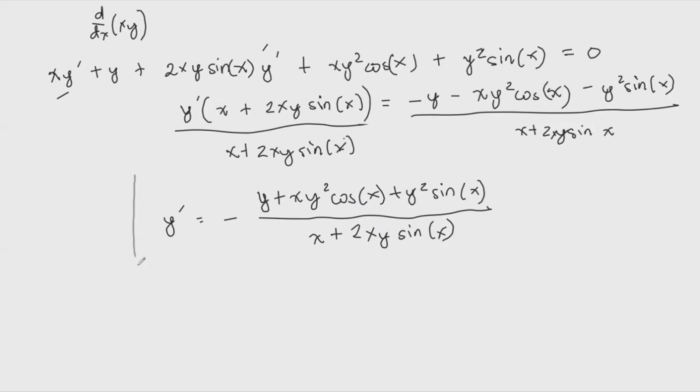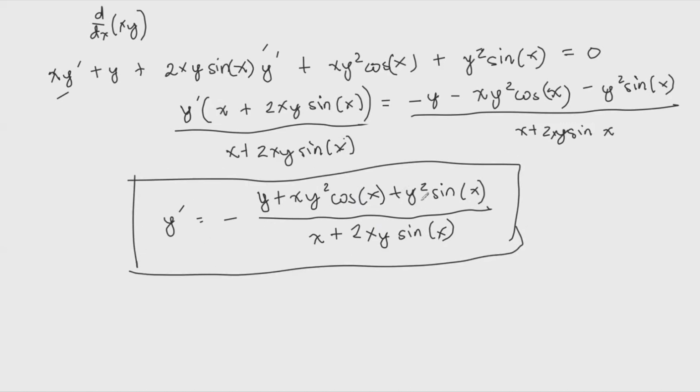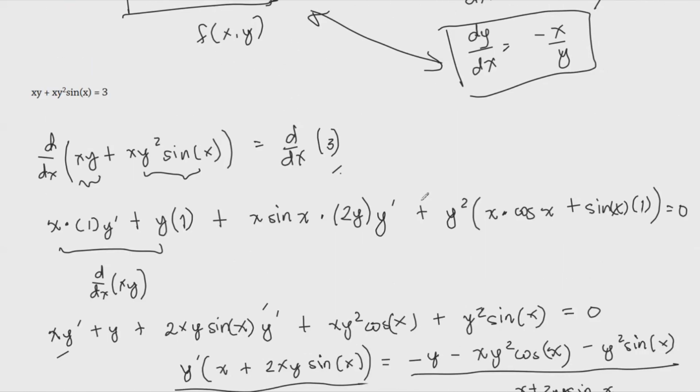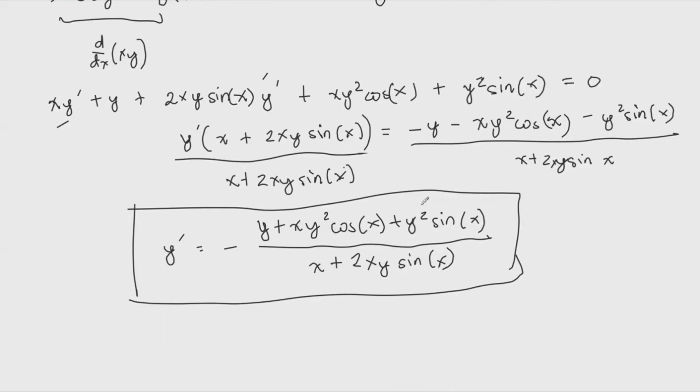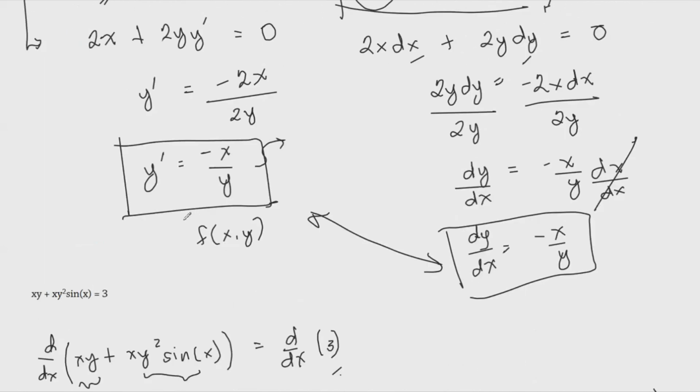Okay, so this is your answer for the implicit differentiation of that particular equation here. This y prime is also equal to dy over dx. So you may also want to write it like that, but it all depends on how you interpret this.